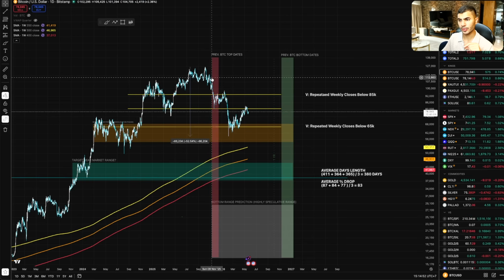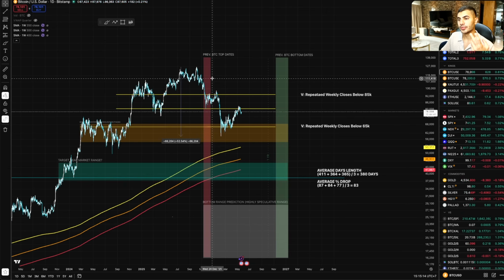We actually topped in October, but that's pretty close to where we should usually top in terms of dates, and that's a good sign. Bitcoin is deviating a little bit, which is normal in distributions. It's maybe one standard deviation away from the mean, which is fine. So that's the previous micro tops.